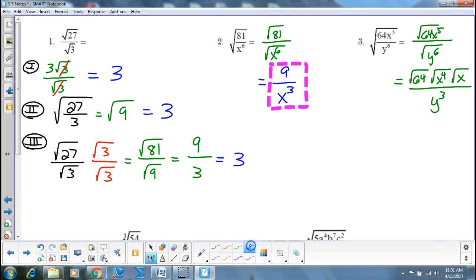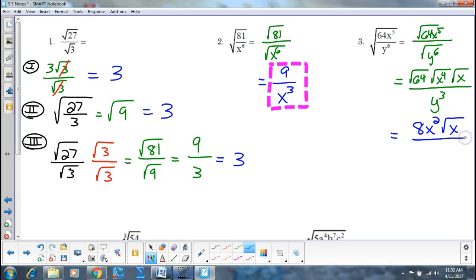So my final answer here then would be 8x squared times the square root of x all over y cubed. Yes? Okay.